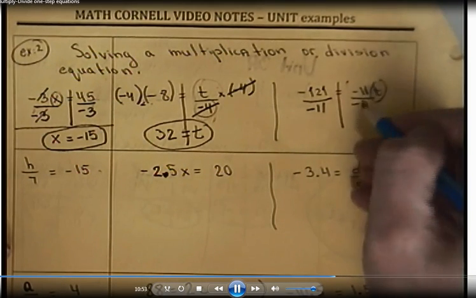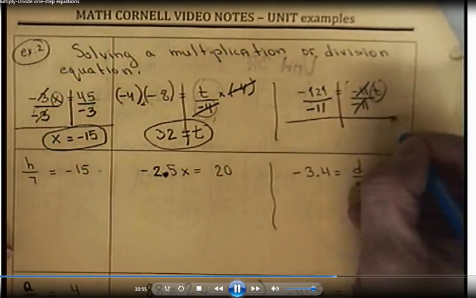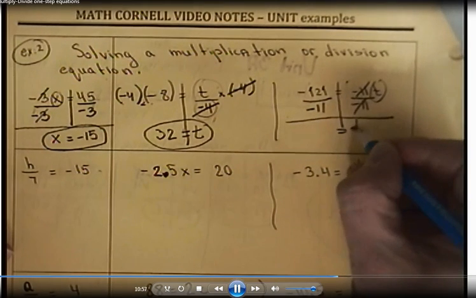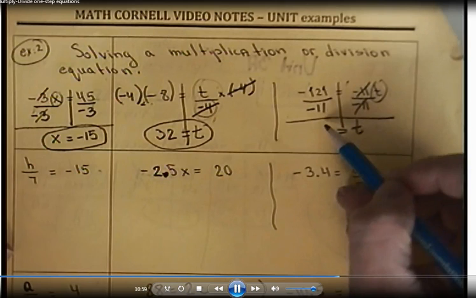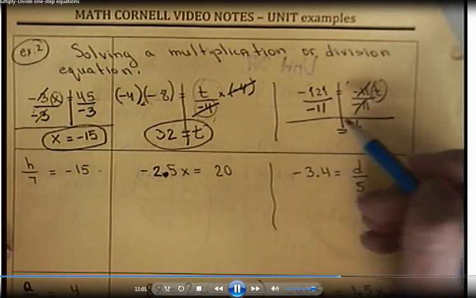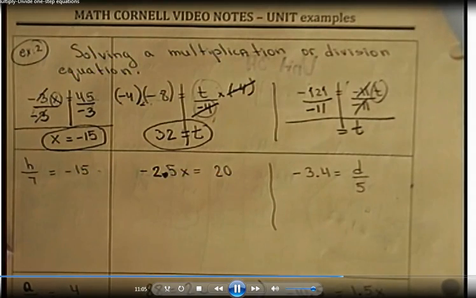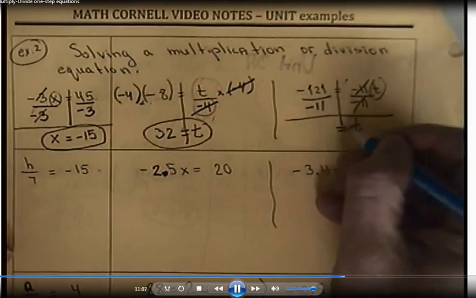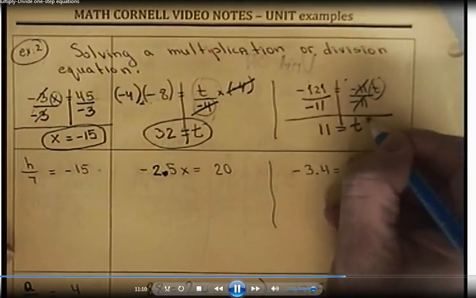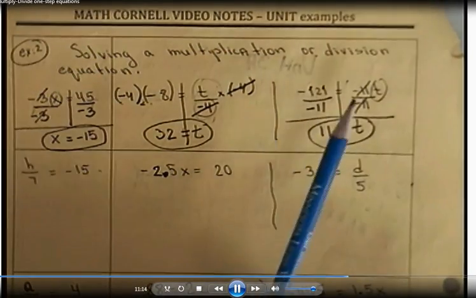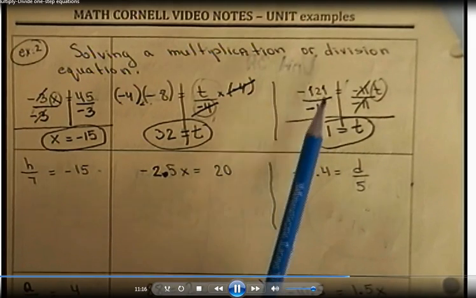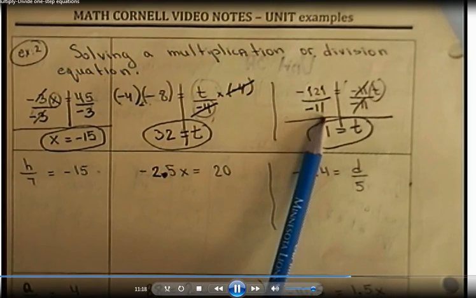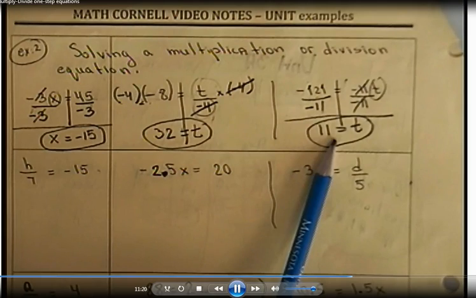That's how we save t here, and those cancel. So t will be equal to -121 divided by -11, which is positive 11, and that will be my answer. On your calculator, you type -121 divided by -11, and you will get positive 11.